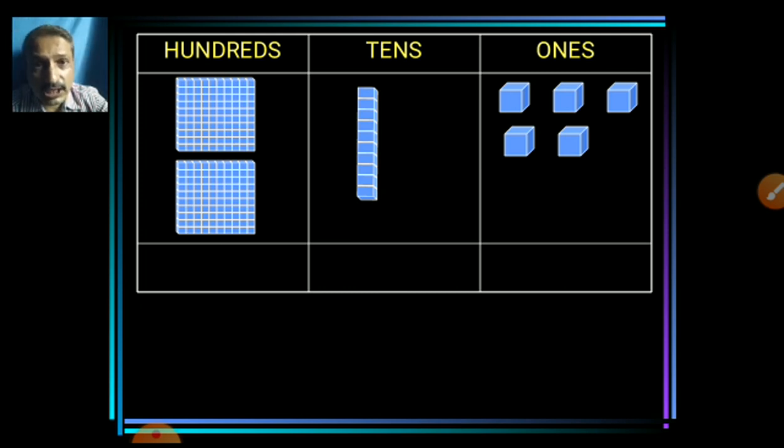Yes, 2 boxes are there. That means 2. In the tens place, how many are there? Picture 1. Yes, good. And about ones, 1, 2, 3, 4, 5. So here I am writing 2 under the hundreds place, 1 under the tens place, and 5 under the ones place. My number is 215.